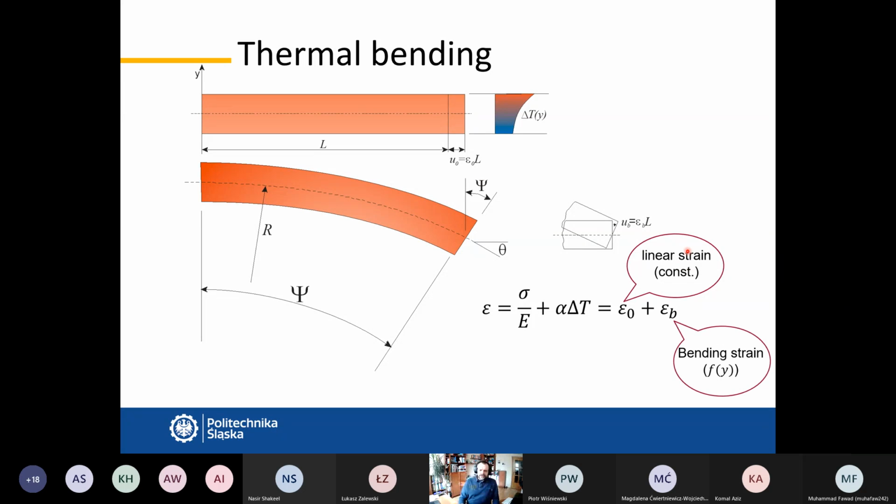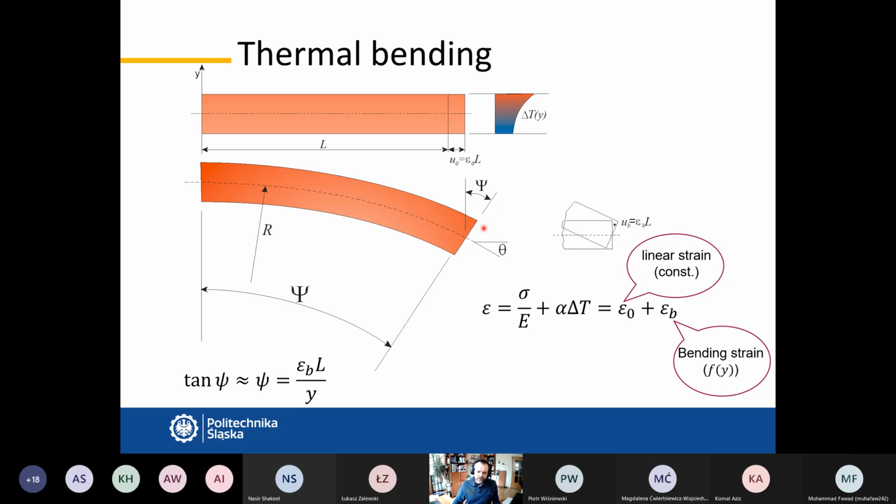We can also draw some geometric conclusions, that the tangent of the end surface, the end section, relative to the original position, so to the vertical, as it was here before, can be expressed as tangent of the angle phi.